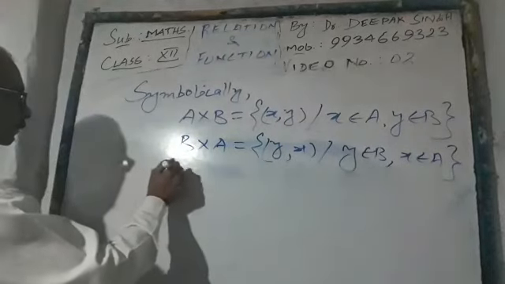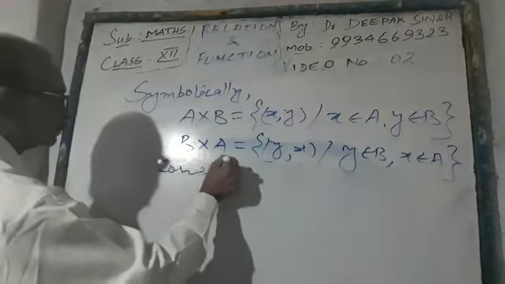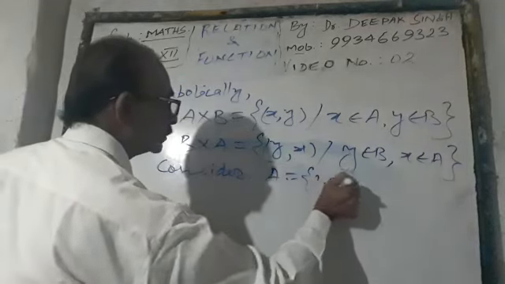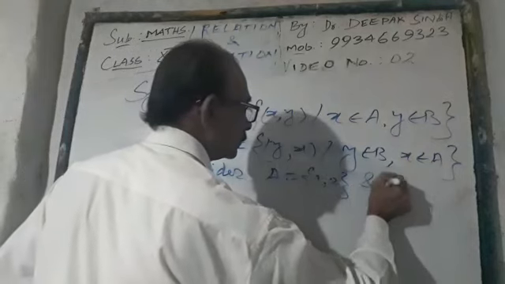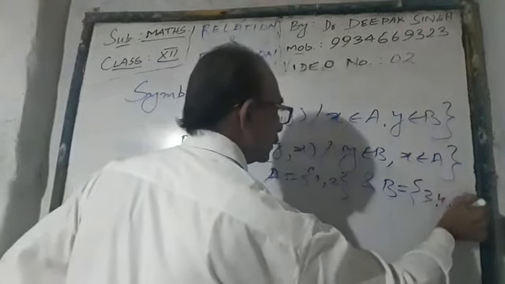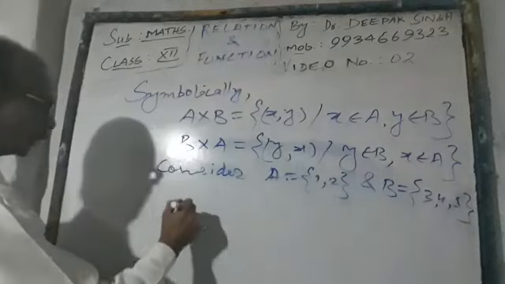Consider A equal to {1, 2} and B equal to {3, 4, 5}.